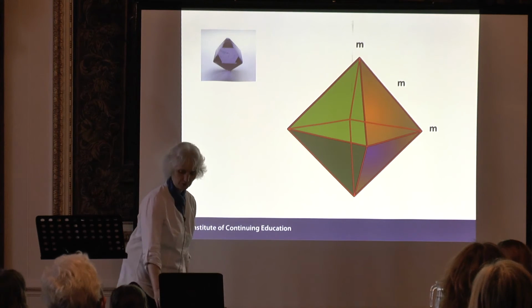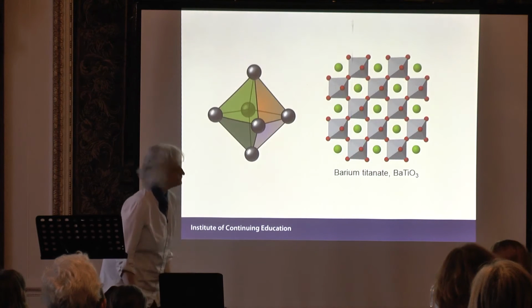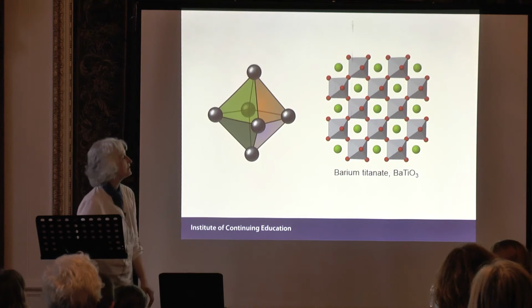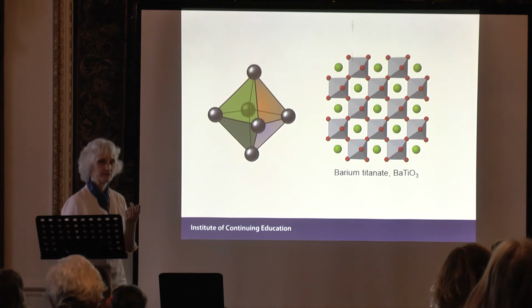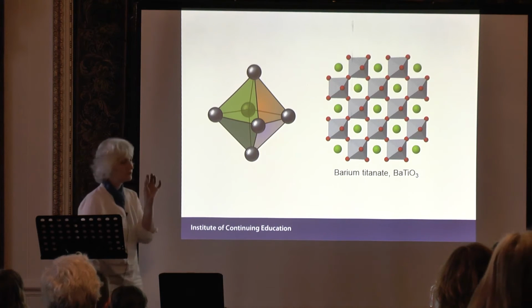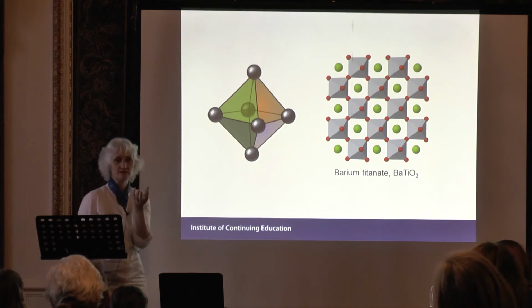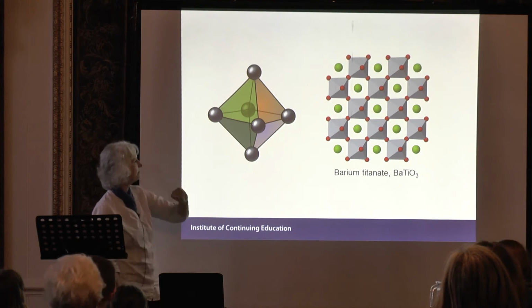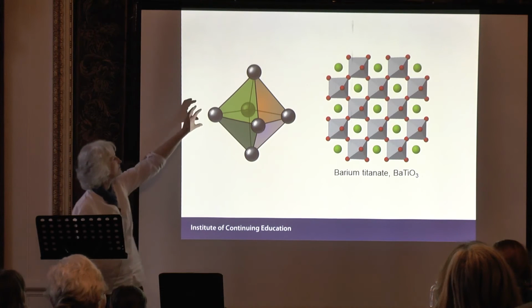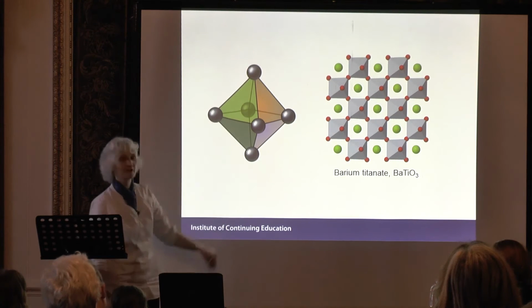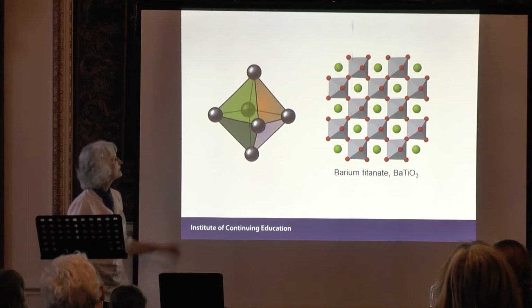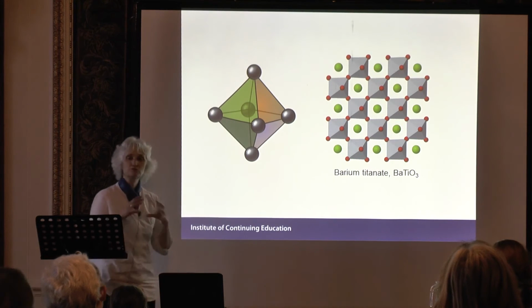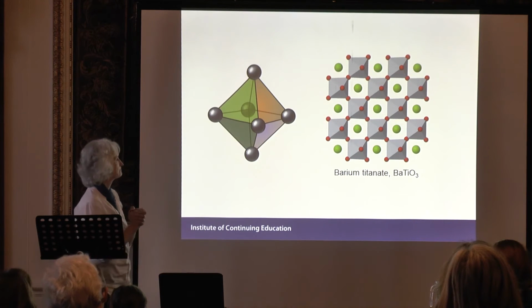Why is this important? Well, it's important because there are many, many oxide materials which have arrangements of atoms which form into octahedra. So I've taken my octahedron here and I've put a little ball on each vertex, on each corner, and each of those balls represents an oxygen atom.